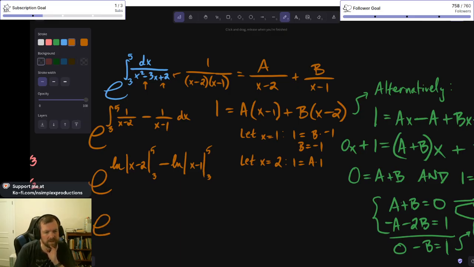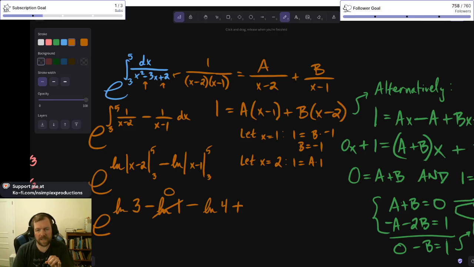Which is going to be raised to the natural log of 5 minus 2, which is 3, minus natural log of the absolute value of 3 minus 2, which is 1, so that's a nice 0 there, minus natural log of 5 minus 1, which is 4, minus a negative natural log of the absolute value of 3 minus 1, which is 2.